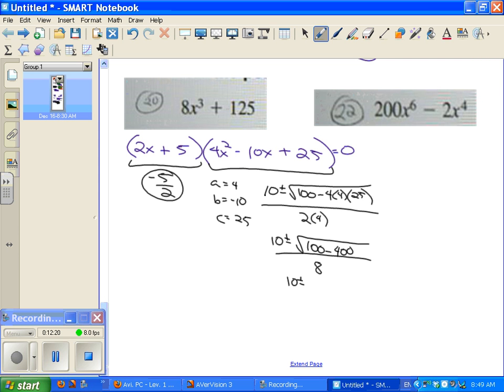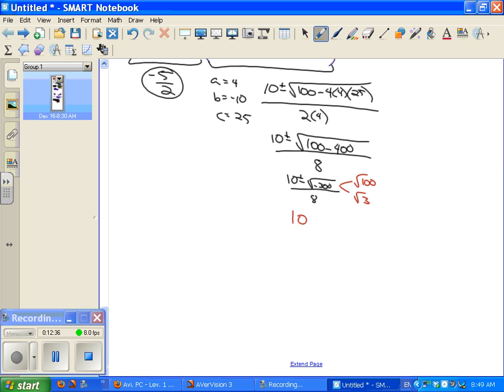So that's 10 plus or minus the square root of negative 300 over 8. Any perfect squares in 300? 100. Since it was a negative in there, it's imaginary, so I'm going to get 10i square root of 3 over 8. Am I done? No, divide by 2. All of these are even, so I'm going to get 5 plus or minus 5i square root of 3 over 4. That looks really good.